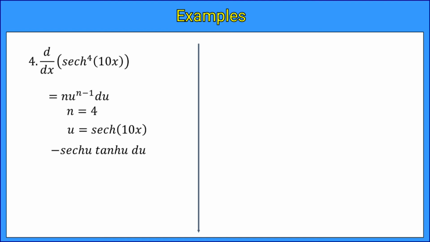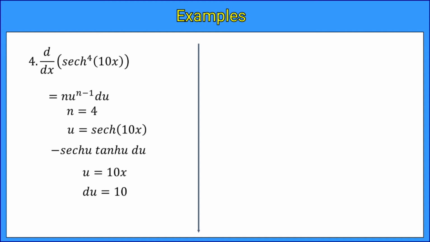Focus on this. This is the rule for getting the derivative of a hyperbolic secant. So that is negative hyperbolic secant u hyperbolic tangent u du. And our u is 10x. So what is the derivative for 10x? The derivative for 10x is 10. So this will be our value for du.